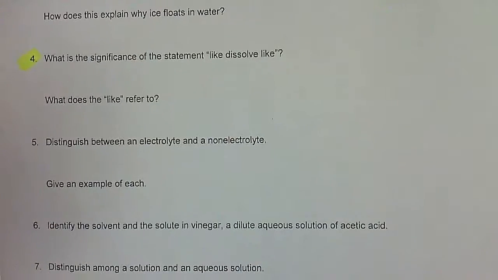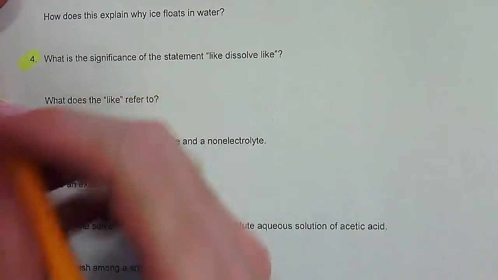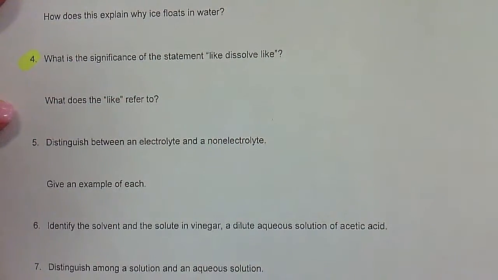Number 4, what's the significance of the statement "like dissolves like"? Well, the significance is that a polar compound will dissolve another polar compound. In order for them to dissolve, the solute has to be polar and the solvent has to be polar. And the same thing works with nonpolar. In order for a nonpolar solute to dissolve, you would have to use a nonpolar solvent.